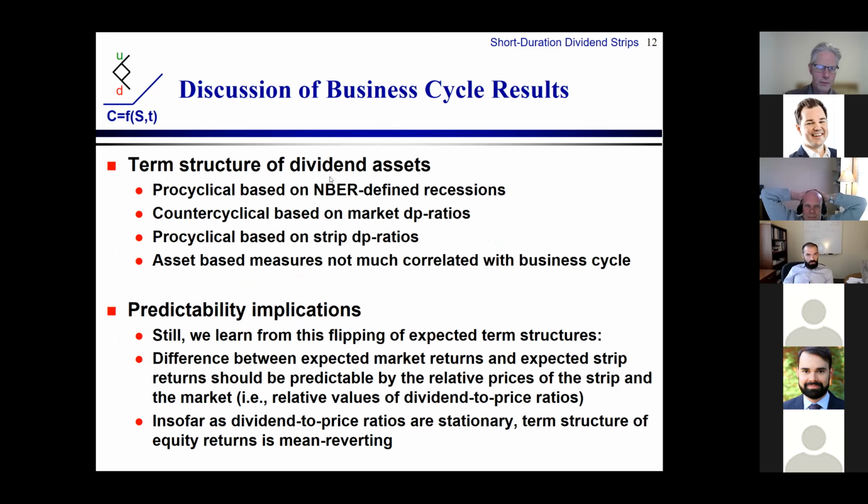The term structure of dividend assets: the difference in expected return on the market minus the expected return on the strip, it's pro-cyclical when you define everything based on NBER recessions. It's counter-cyclical when you base it on market dividend price ratios, and it's pro-cyclical when you base it on strip dividend price ratios.